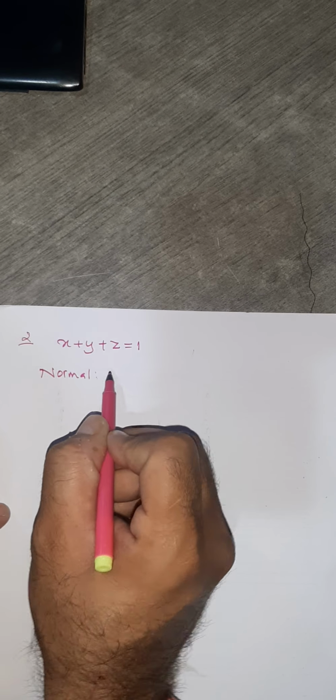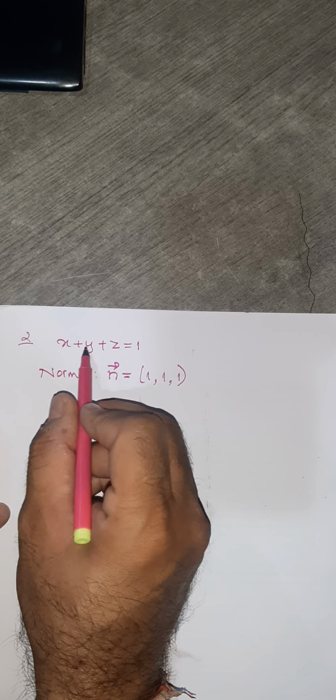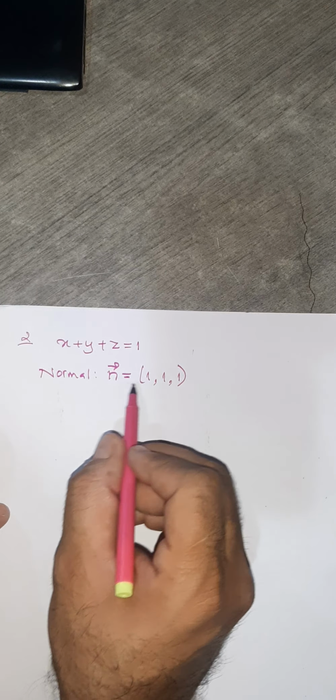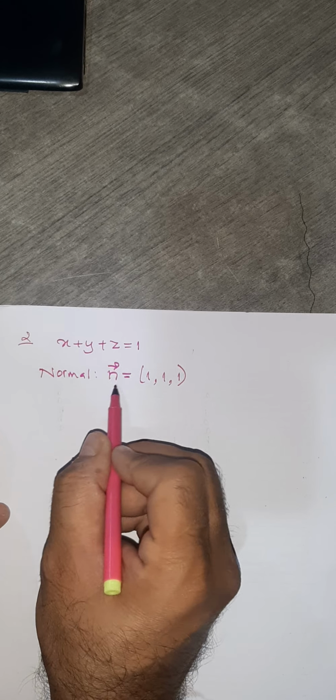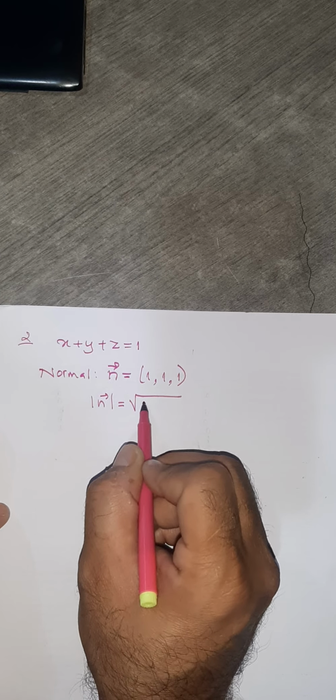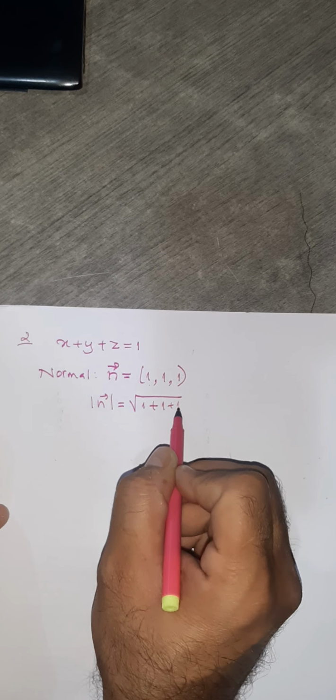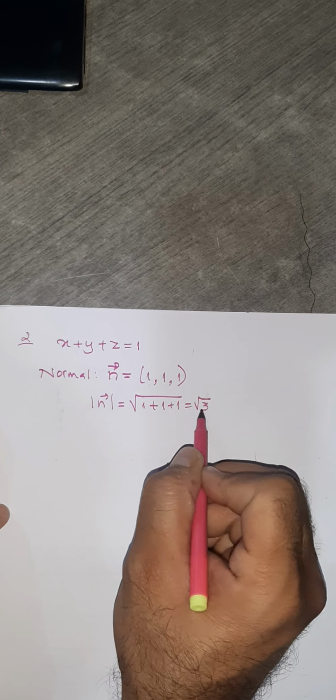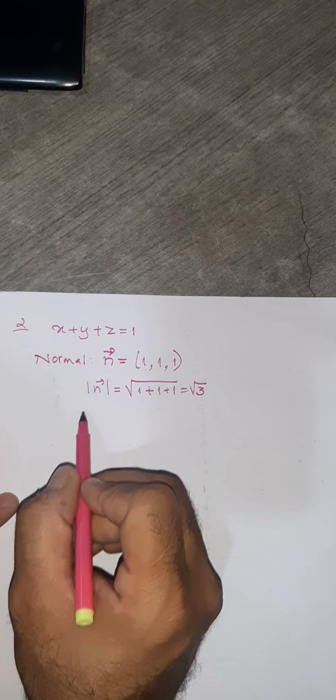So what's the normal to the plane here? The normal is this vector n, the coefficients of x, y and z, which is 1, 1, 1. So this is the normal. Now is this a unit vector? No. So find its magnitude. What is its magnitude? It is nothing but the root of 1 square plus 1 square plus 1 square, which is root 3.